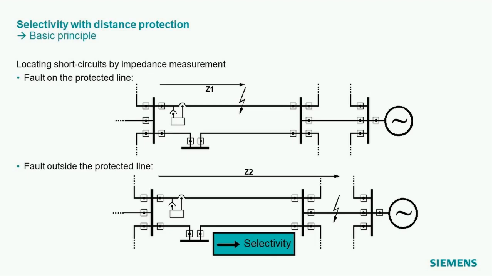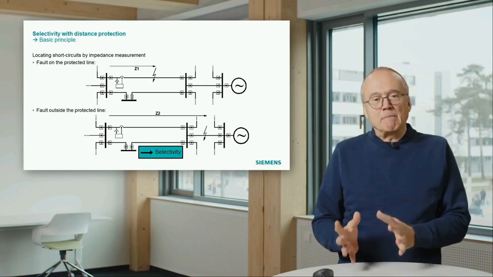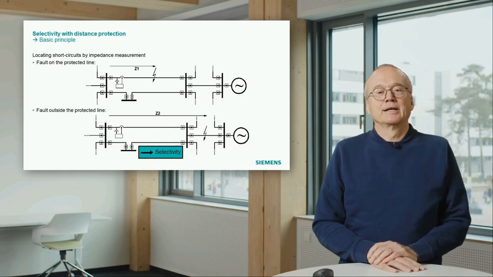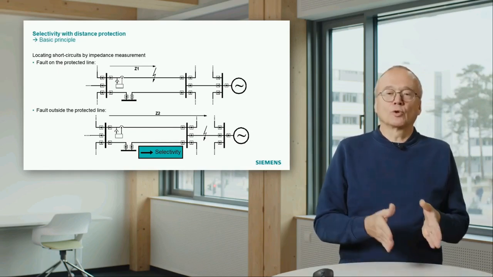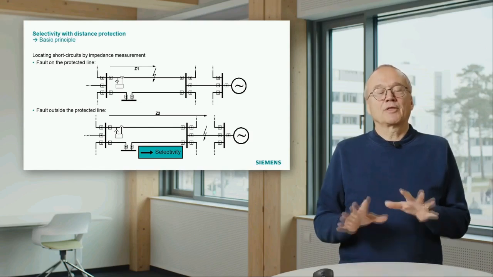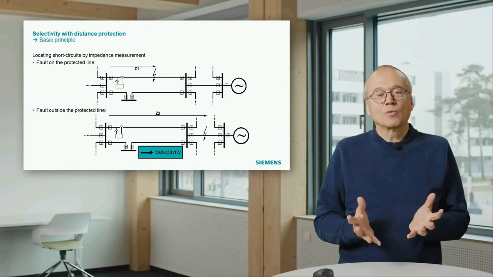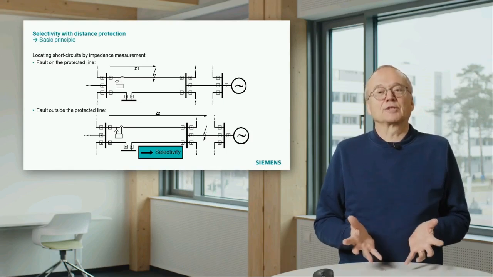If there is a fault on the next line, it will also see this fault, but it will measure an impedance which is a bit higher, and from that comparison of the measured impedance with the impedance of the line, it can decide is the fault on the line or not. That means basically the distance protection principle will lead to selectivity.